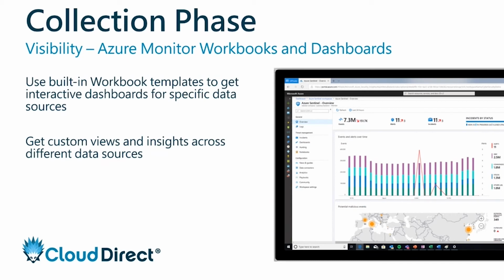There's also a growing developer community where people are sharing rules and incident alerting, and indeed dashboards. So it's worth looking into that as well. There's a lot of resource available that people are working on and sharing.